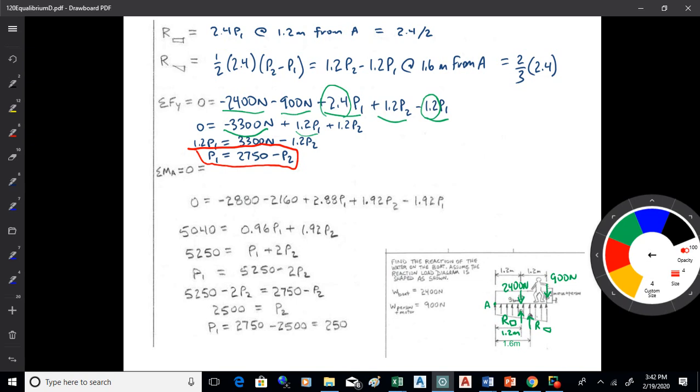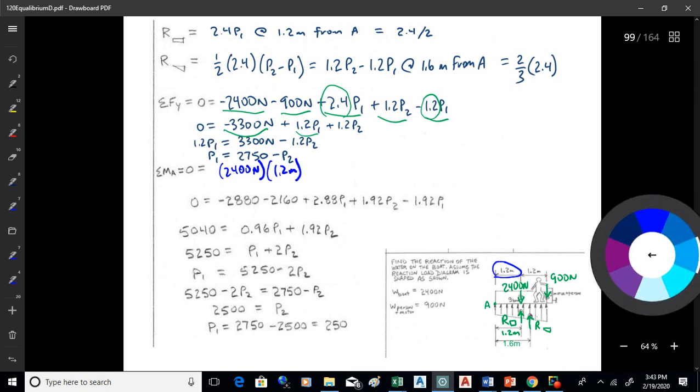Okay. So sum of MA is 0, and I'm just going to put these different terms in here now. So what do I have? I've got 2400 newtons, and that's 1.2 meters from A, and it looks to me like that's going to come around clockwise, right?